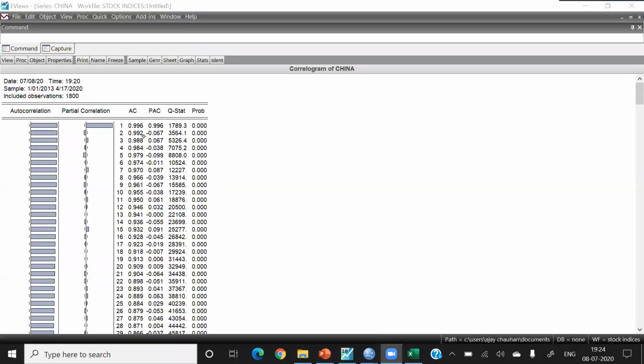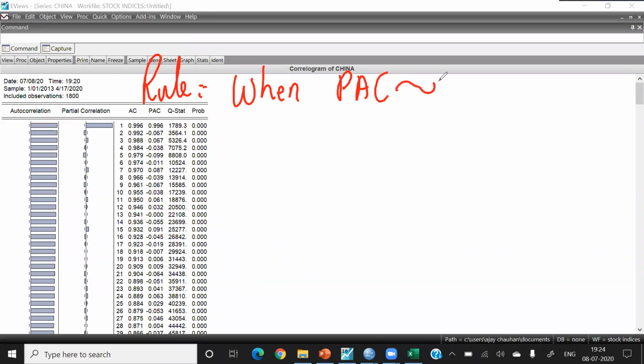So what is the rule? Now what is the rule? The rule is that when partial autocorrelation is close to 1 at lag 1, this part, when partial autocorrelation is equal to 1 at lag 1, then the series is a random walk.